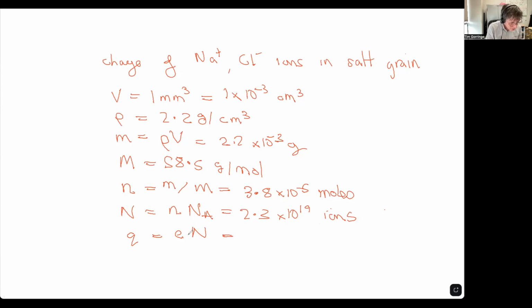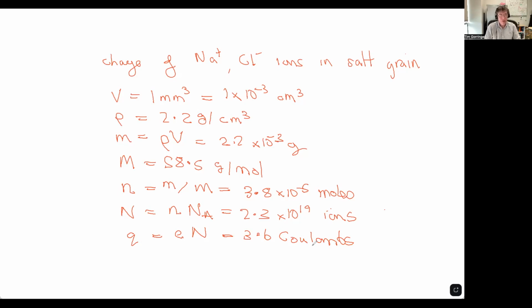I really just got 1.6 times 2.3, and that comes out to be 3.6. And that's 3.6 coulombs of charge, positive 3.6 coulombs that are owned by the sodium ions. The chlorine ions, well, they own minus 3.6 coulombs of charge in our little grain of salt.